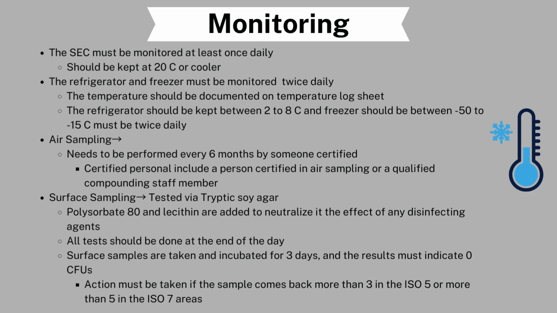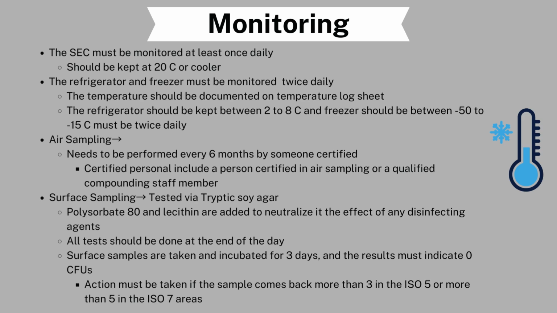For air sampling, this needs to be performed every 6 months by someone certified. Someone certified could be certified personnel from outside or someone in the compounding pharmacy that is qualified. For surface sampling, polysorbate 80 and lecithin are added to neutralize the effect of any disinfecting agents.